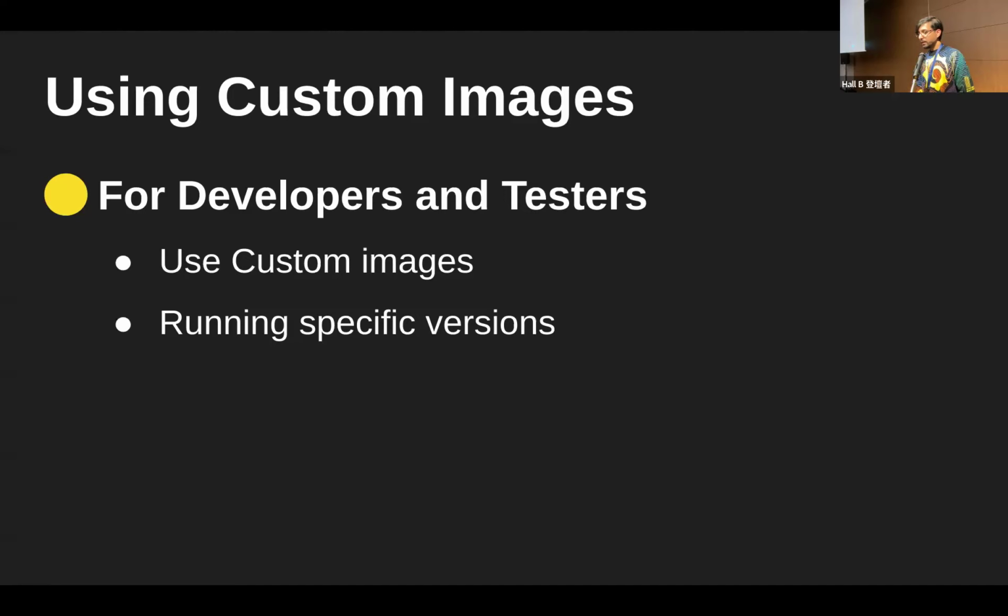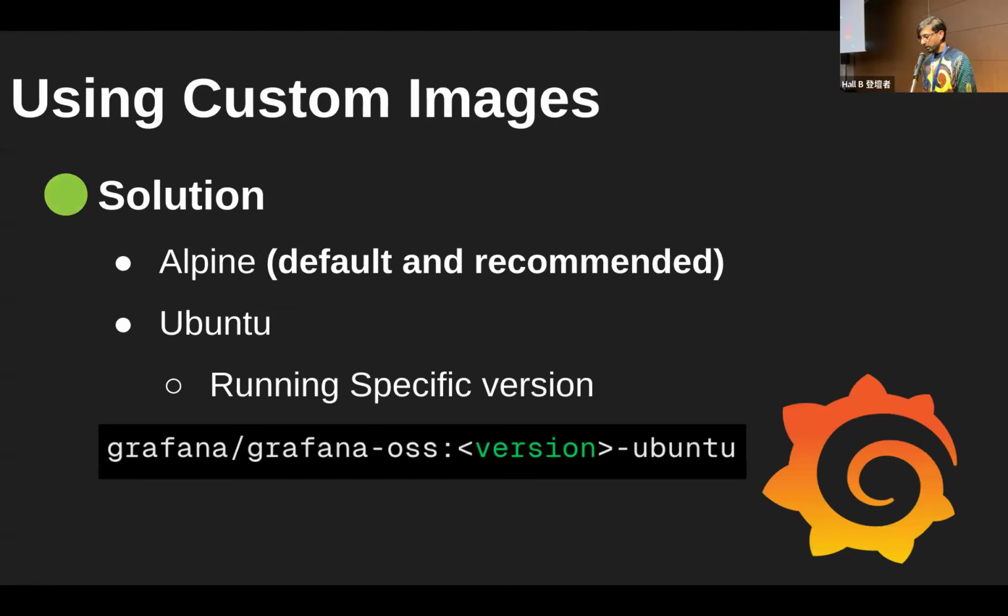Similarly, you can use custom images. We provide images for developers and testers. The default is the Alpine image, which is very lightweight and recommended. But if you want to run the Docker Ubuntu version to get more libraries and services, you can do that by using grafana/grafana-oss, specifying maybe a version, and then -ubuntu.